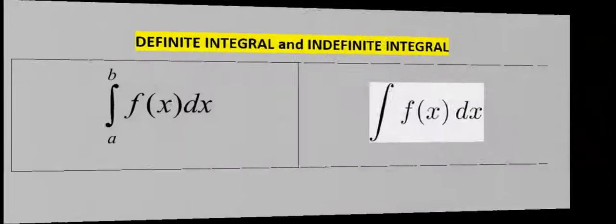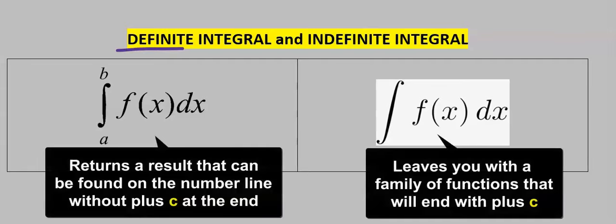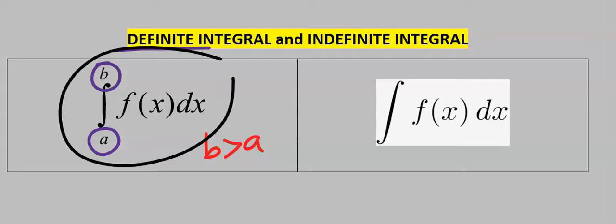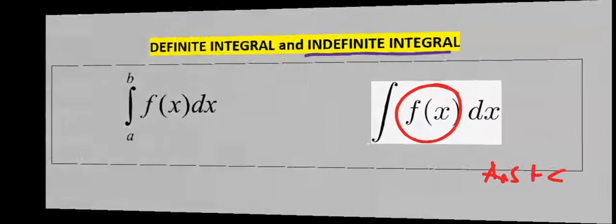Next, definite and indefinite integral. In definite integral, there has to be a lower number and also a higher number. That is, the b must be greater than a for this function to be valid. You just integrate and leave your answer with plus c.